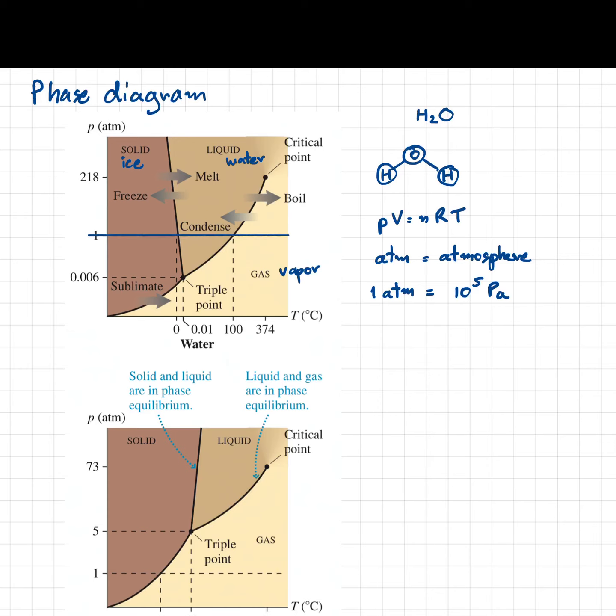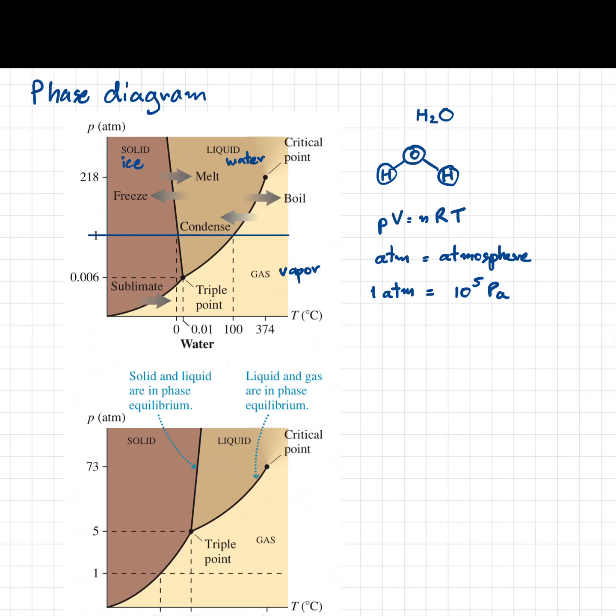So at 1 atm, you can have different temperature. And depending on the temperature, you can have different phase of water, right? So if we stay at 1 atm, if you are here, right, that means you are lower than 0 degrees Celsius. So obviously you're going to have ice. So that's why it's in this region, which is solid region. So that's ice.